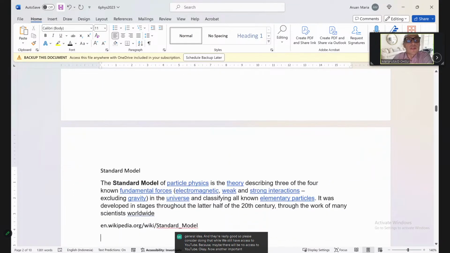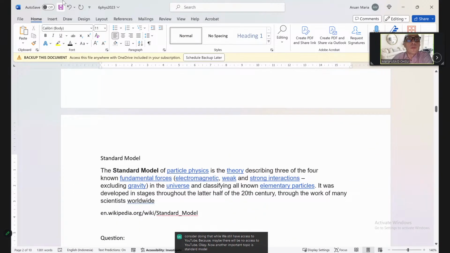Now, another important topic is the standard model of particle physics. It is the theory describing 3 of the 4 known fundamental forces, electromagnetic, weak, and strong interactions, excluding gravity, in the universe and classifying all known elementary particles. It was developed in stages throughout the later half of the 20th century through the work of many scientists worldwide.